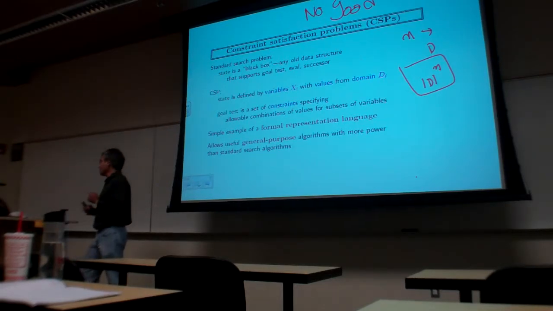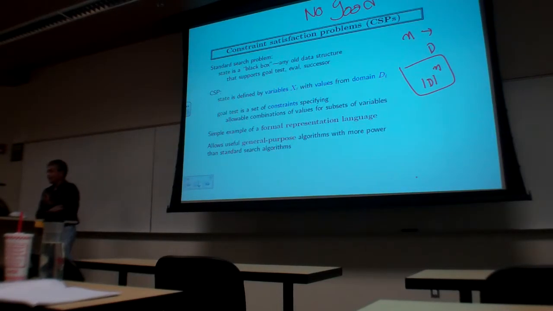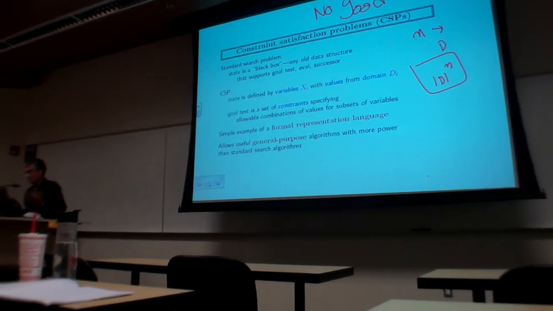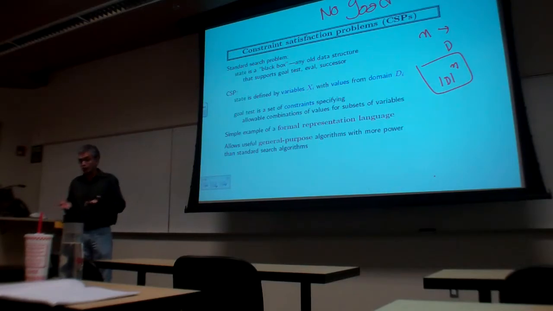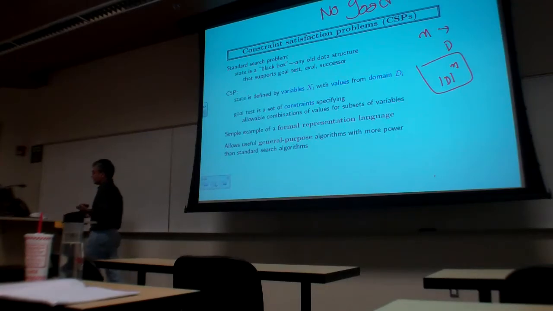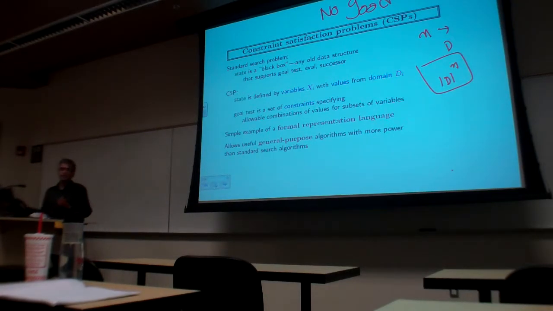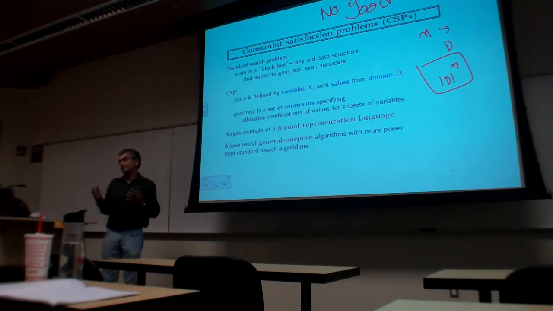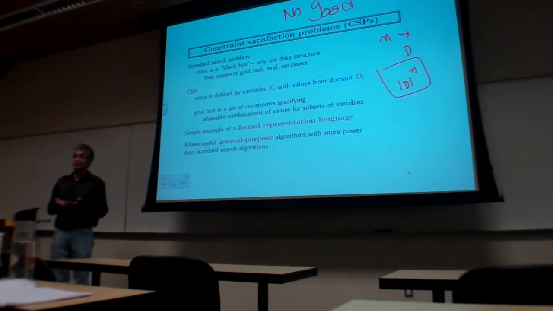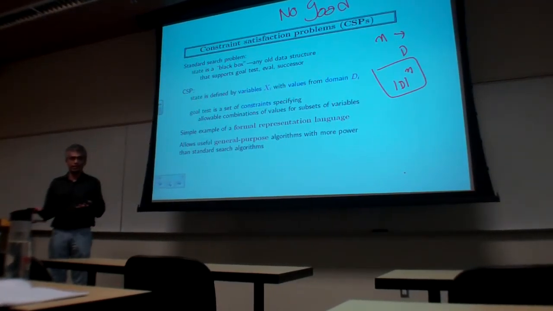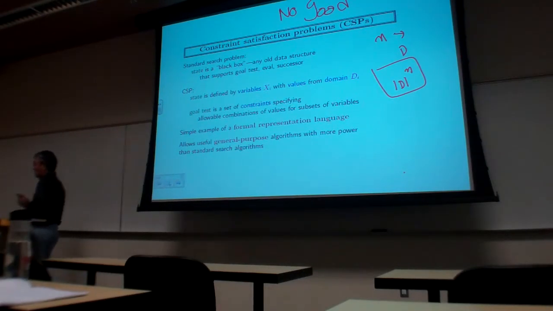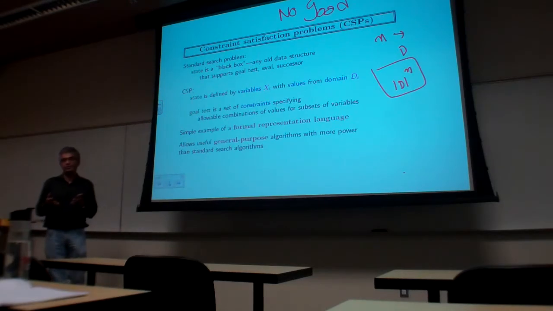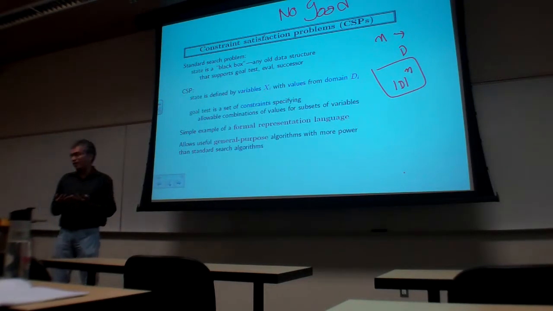Since there are d power n assignments, the brute force way is exponential. But just saying that brute force is exponential doesn't mean that there is no efficient algorithm. General CSPs, though, are indeed NP complete. Why is that so?